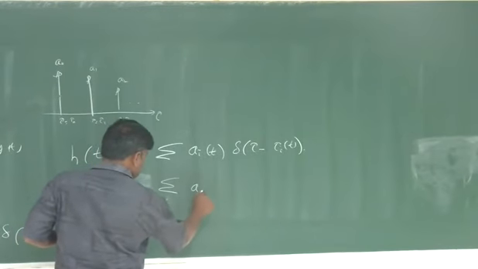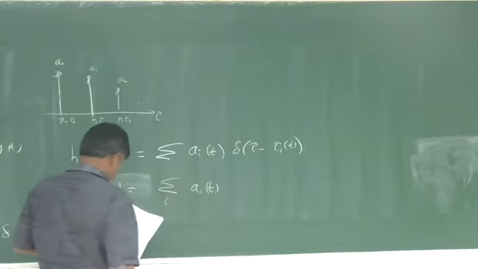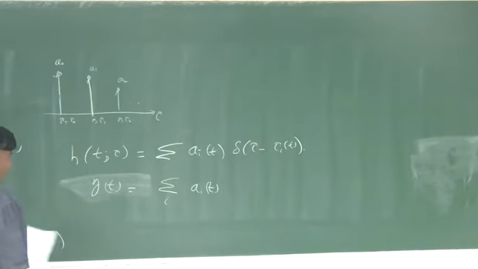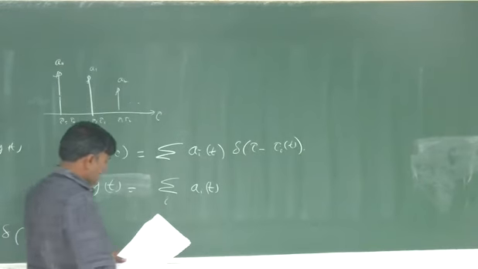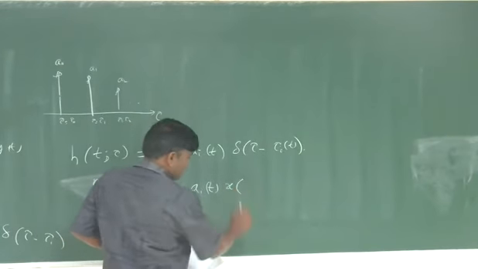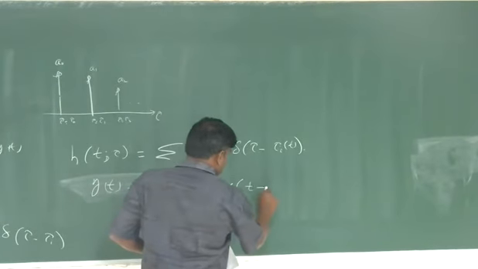a_i of t, the input is x of t. Therefore, this becomes x of t minus tau_i of t.